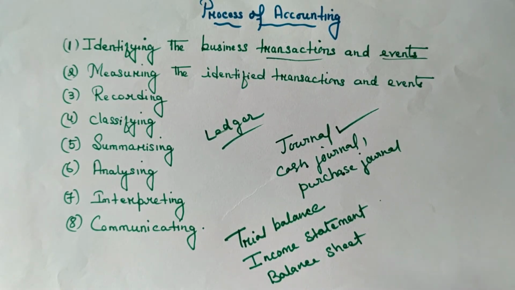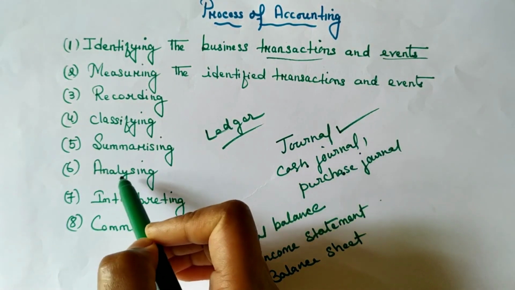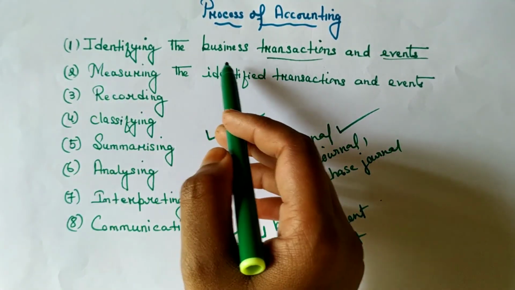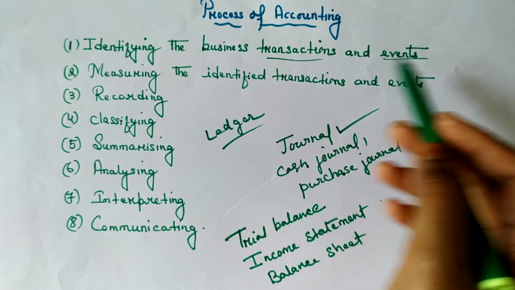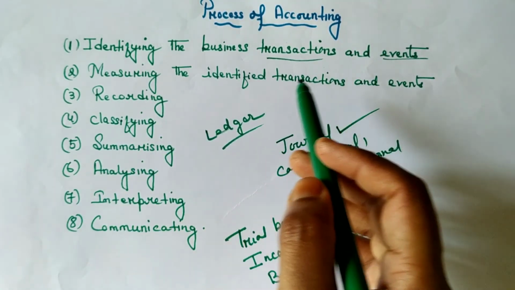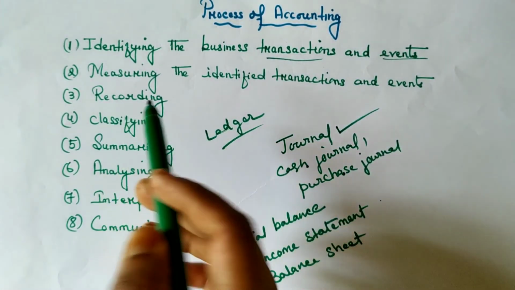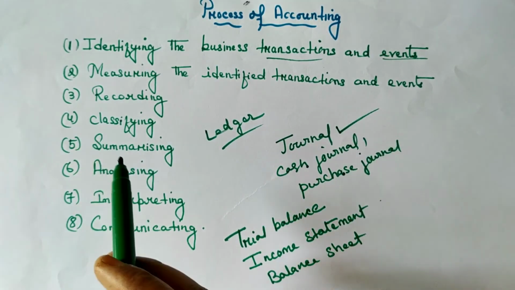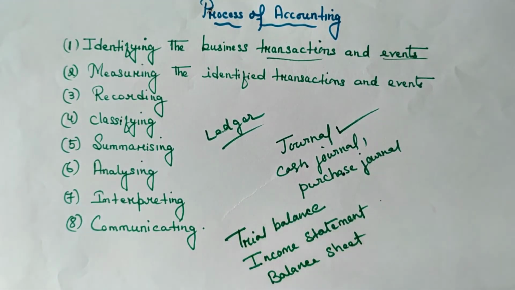In present business world, all the above 6 functions, that is identifying the business transactions and events, measuring the identified transactions and events, recording, classifying, summarizing and analyzing, is done by electronic data processing devices.